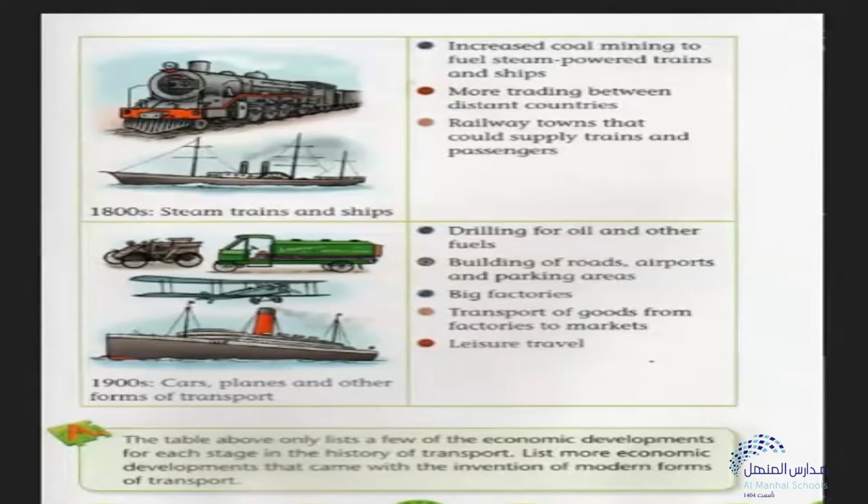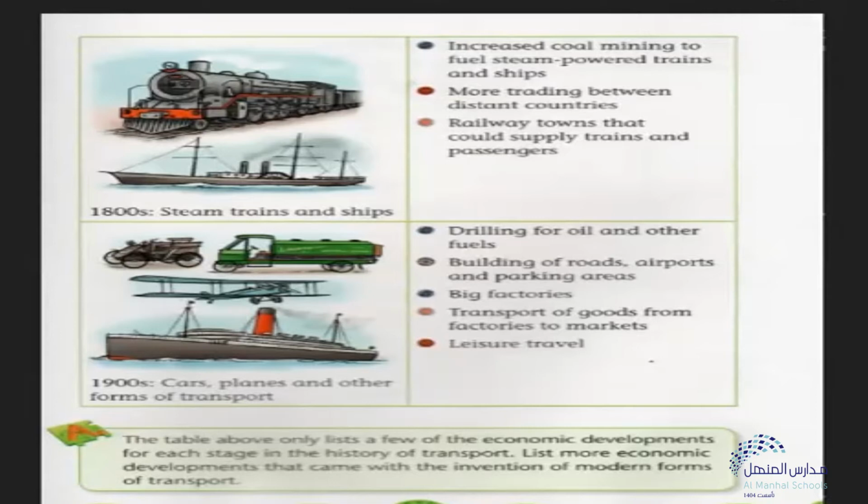Now, presently, there's increased coal mining to fuel steam power trains. It means there is more coal for steam trains. There's more trading between distant countries, and railway towns that would supply trains and passengers. So in the past, in the 1800s, there were steam trains and steamboats. Now everything is modernized. You can modernize trains, you can modernize ships.